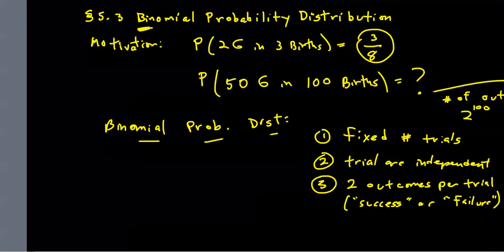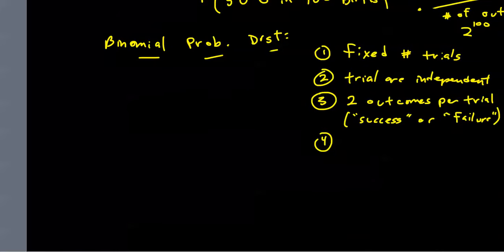Okay? Alright, so we can see 2 girls in 3 births, well, that's a binomial experiment so far anyway. You've got 3 trials and 2 outcomes per trial, namely a boy or a girl.